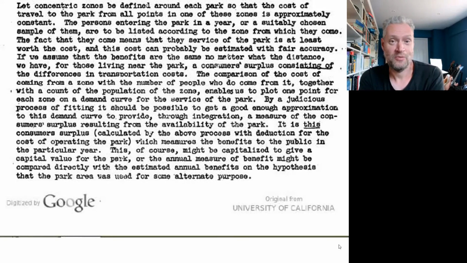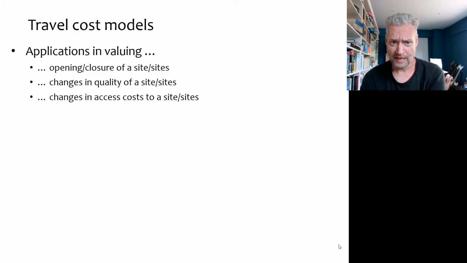Whereas if you live far away from the park and therefore you need to spend a lot of money and time to get there, you will visit less often. And this is essentially a demand curve, and you can use the demand curve to estimate a consumer surplus. That's essentially what Hotelling is saying here.